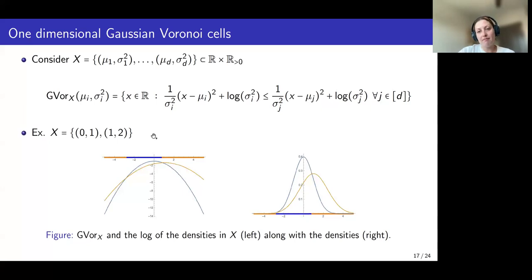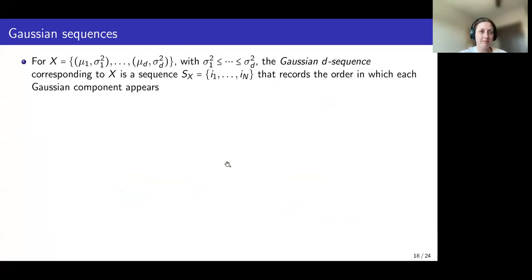The key observation here is that in one dimension, these Voronoi diagrams live on the real line, which is a well-ordered set. And so I can associate to each of these diagrams a sequence that tells me what order these cells appear in. This is the definition of a Gaussian D sequence.